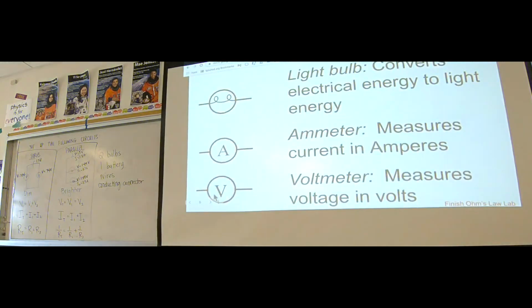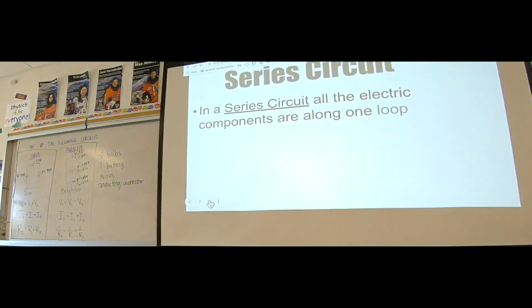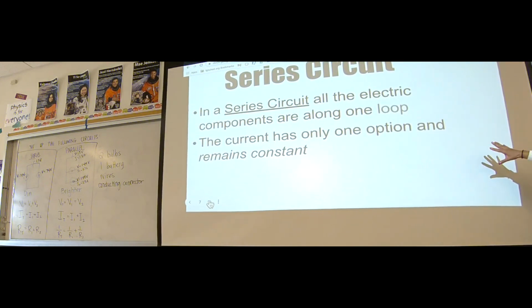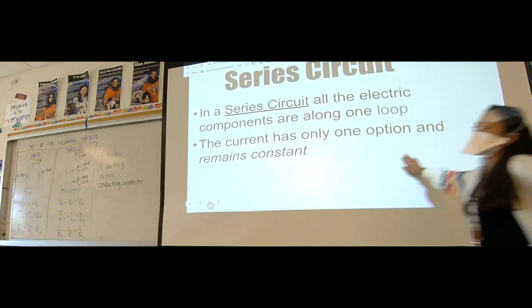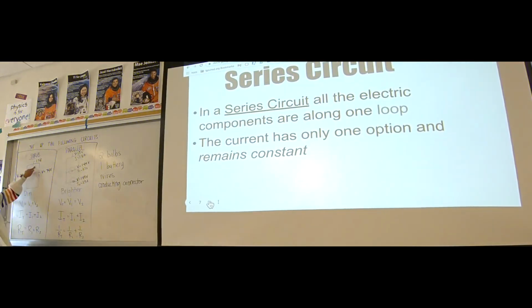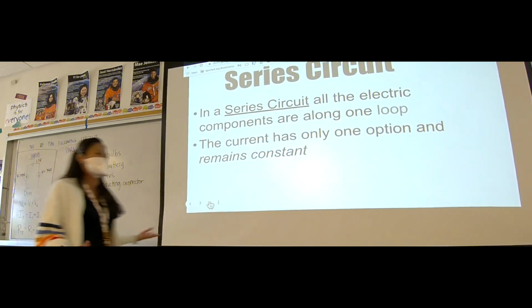First of all, we already talked about series being a loop. Now we know that the current remains the same. And it basically means that your flow of charges, which is what current is, only has one wire to travel through. So because it only has one wire, then the current's always going to stay constant.